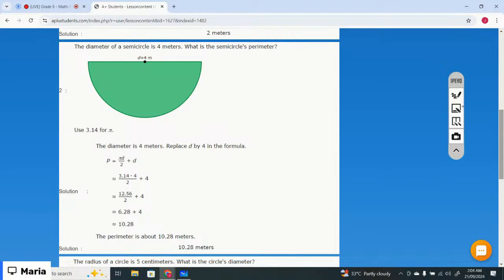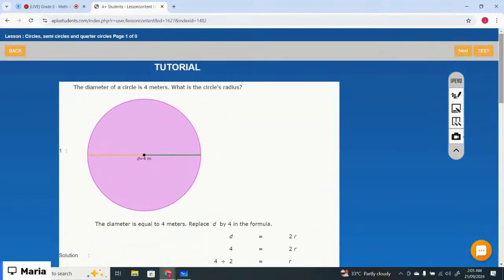That is 3.14 times 4 over 2 plus 4. So that is 10.28. Okay, let's start with the test questions.